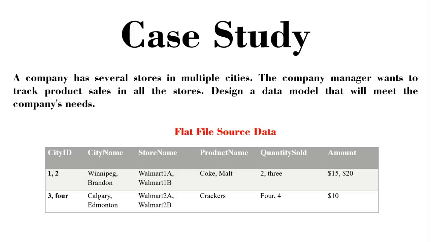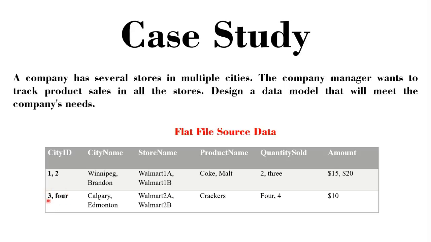At first glance, we can easily see that this table violates the first normalization rule, or the first normal form, because we have more than one value in some of the columns separated by commas, and also we have different data types within a particular column.